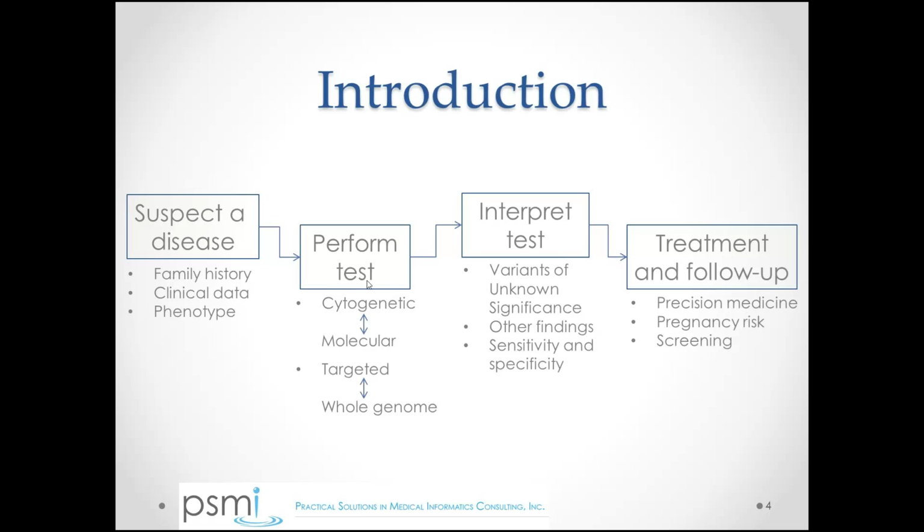And there's such a range of tests, as we'll talk about, ranging from cytogenetic tests, where you're looking at DNA or chromosomes under a microscope, to molecular tests such as next-generation sequencing. There are targeted tests where you're looking for a very specific mutation in a specific gene, ranging to whole genome testing.